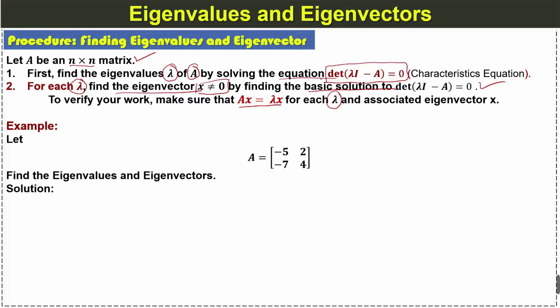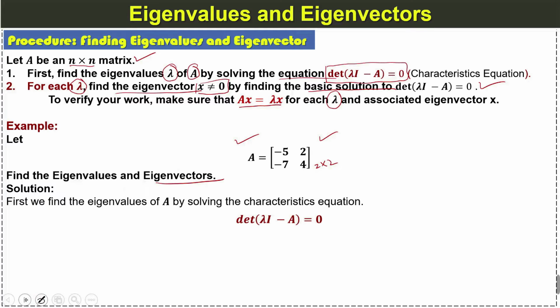Okay, so we have an example, a given matrix of order 2 cross 2. Find the eigenvalues and the eigenvectors of the given matrix. Solution: first step, find the eigenvalues of the matrix A by solving the characteristic equation.